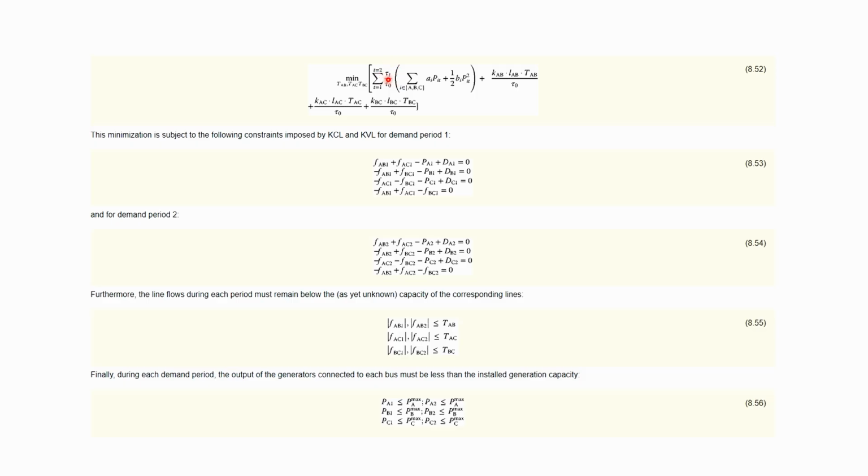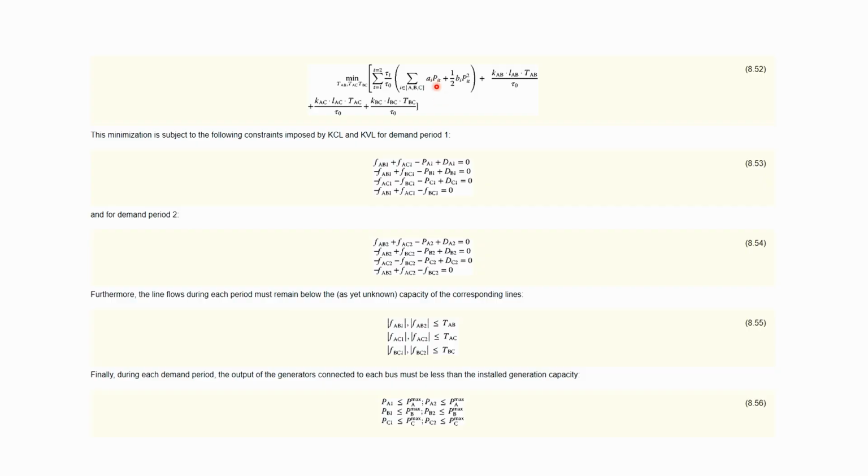This is the hours in the period. This is 8,760 hours per year. And this is the integral of the marginal price curve, giving us the total price curve for each area.